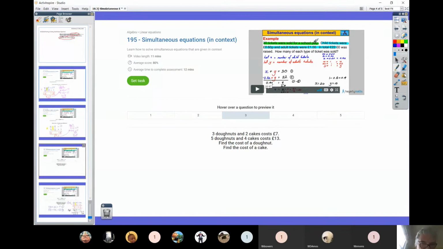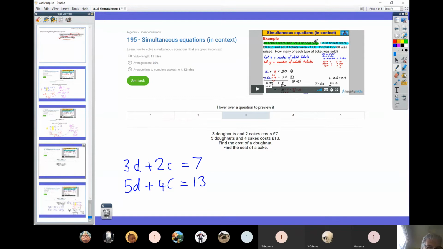So I know that 3 donuts plus 2 cakes equals £7. Just the top sentence. And then my second sentence is telling me that 5 donuts plus 4 cakes equals £13. So there you go. You constructed 2 simultaneous equations.